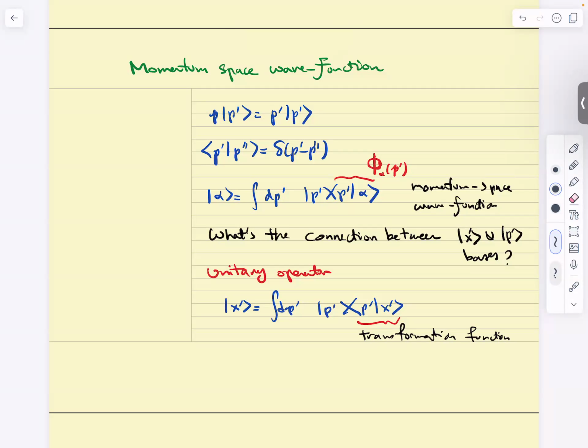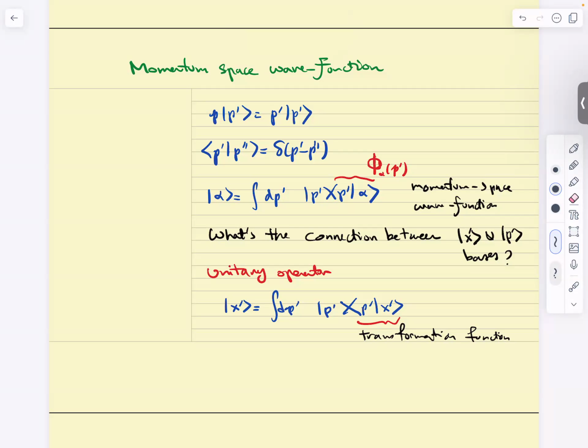We expanded it in the position eigenbasis, or we could expand it in the momentum eigenbasis. This is the same ket.